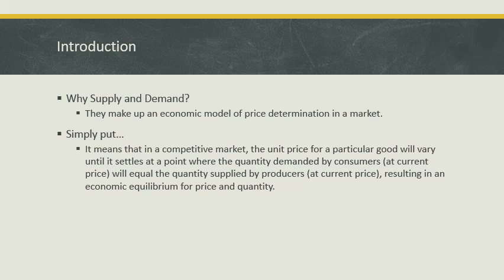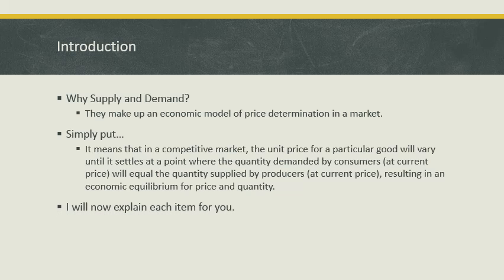Simply put, it means that in a competitive market, the unit price for a particular good will vary until it settles at a point where the quantity demanded by customers at the current price will equal the quantity supplied by producers at a current price, resulting in economic equilibrium for price and quantity.